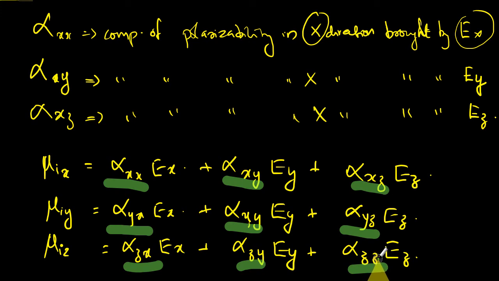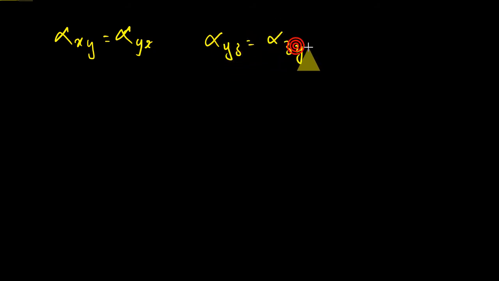But you have to consider that alpha xy is equal to alpha yx, alpha yz is equal to alpha zy, and alpha xz is equal to alpha zx. So these equalities also exist.